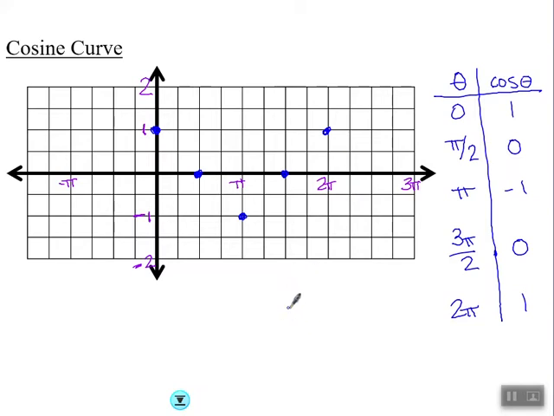Just like with the sine curve, this pattern will continue if we go around the circle more times. And then we can just connect these points to form our curve.